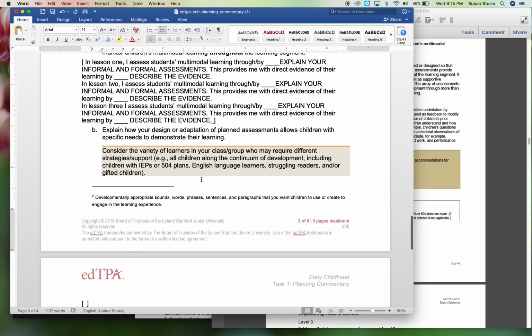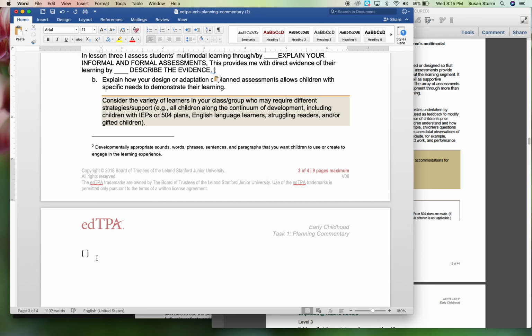This is one of those where you have to write about your IEPs and 504s, and this is really just how you are modifying not the activity, only the assessments planned here, not activities or tasks.